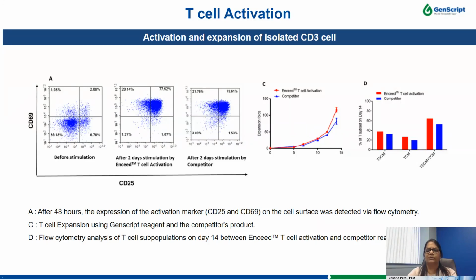And then figure D represents the T cell subpopulation. So we can see the same trend as in the previous experiments using the NCT T cell activation reagent. And this is confirming that NCT T cell activation reagents are giving very good results for the activation, and the expansion is also very good.